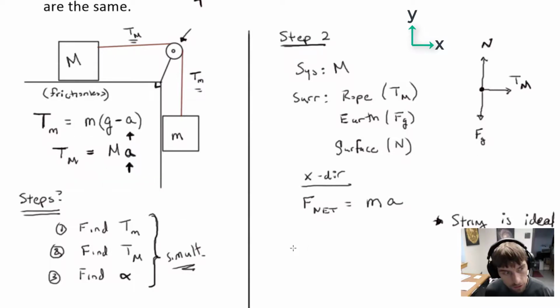What we cannot do, so in the past, if we go back and look at this problem in a previous video, what we cannot do is set Tm equal to Tm. The tension in the lower rope equal to the tension in the upper rope.